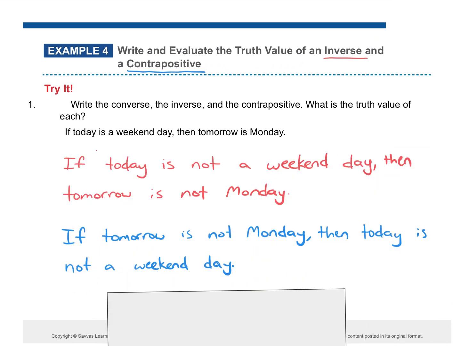My red is the inverse, my blue is the contrapositive. So the red from my original, remember the inverse is we're just putting in not. Okay, we're not flipping anything, we're just substituting in not into our sentences. Okay, the contrapositive is you're flipping it and also having the not in there. Okay?